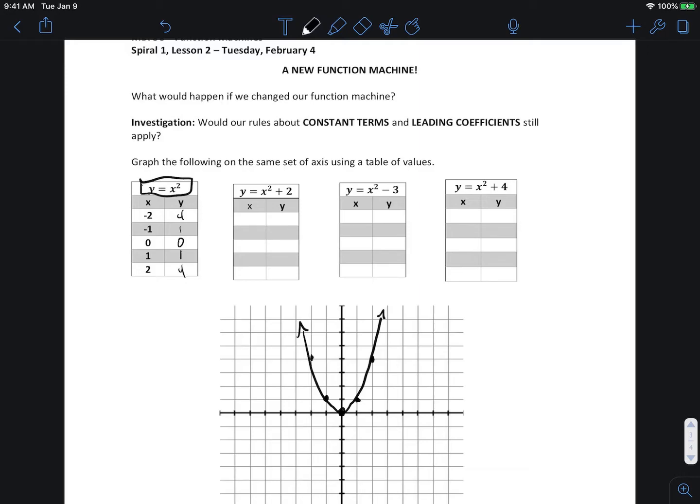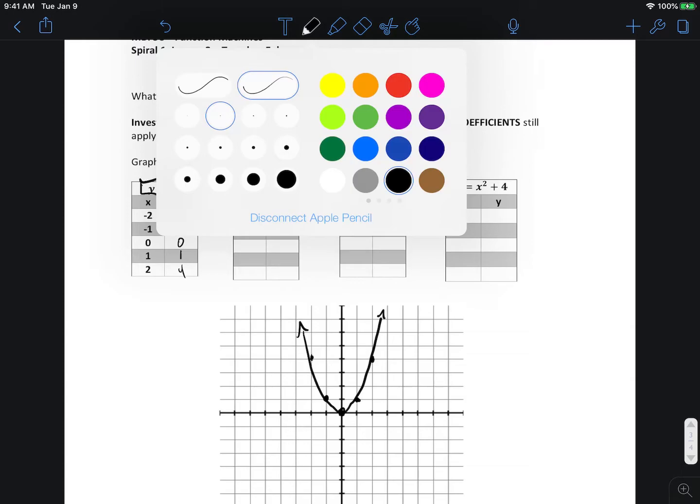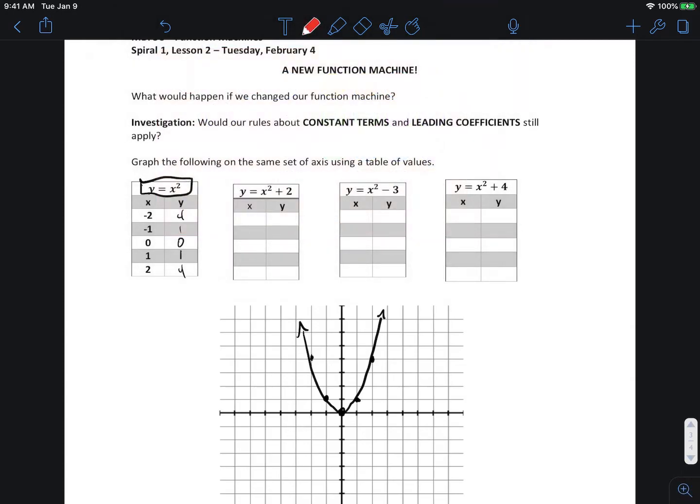Now, we know from the lines, I don't expect you to do this every single time, right? But we know from the lines now what this thing on the end does, the +2, right? It's going to take the original black graph, and I'm going to move every point in the black graph up 2 vertically. That's what it's doing, okay?